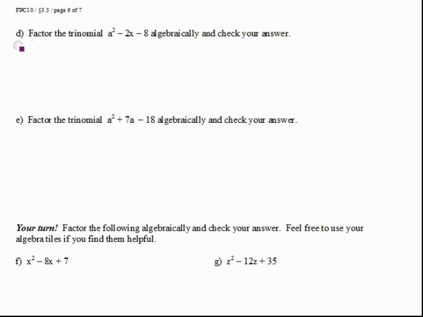Okay, let's factor this algebraically. So our product is -8, and our sum is -2. So how can we make -8? We can have -1 times 8. We can have -2 times 4.